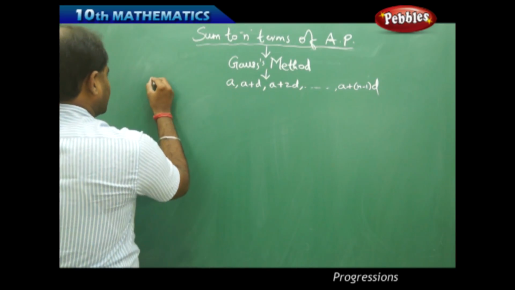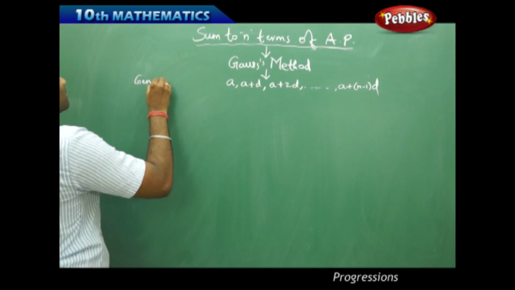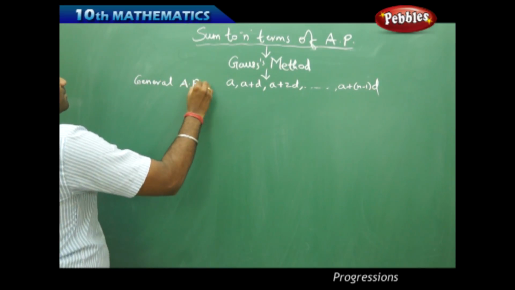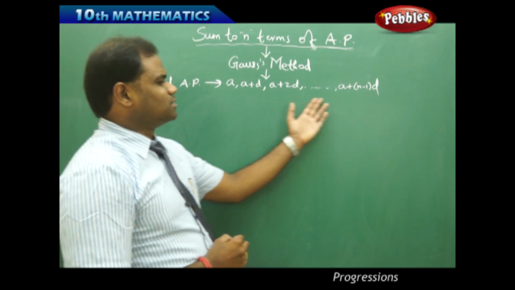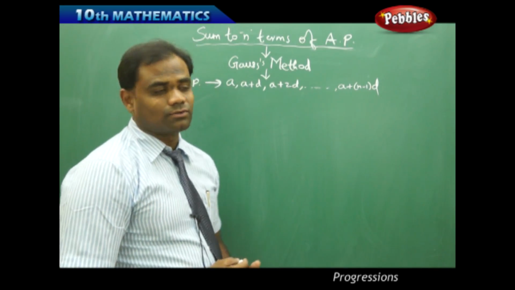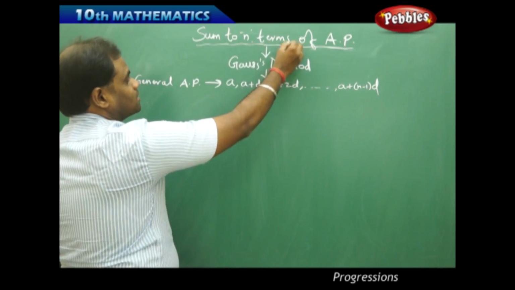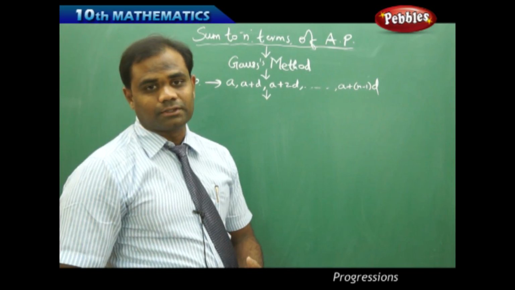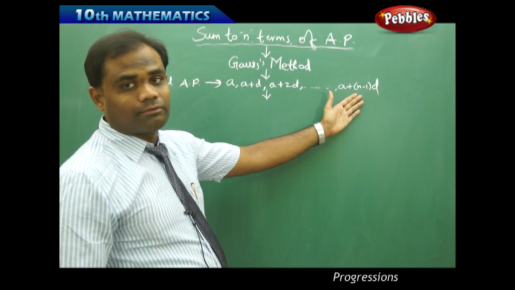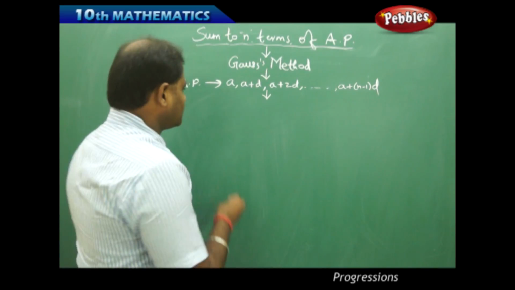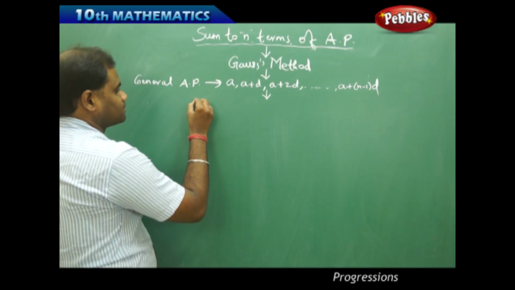For this general arithmetic progression, I just take the sum because I need to find the sum to n terms. Now these are the n terms of arithmetic progression. I sum up and denote it with S.